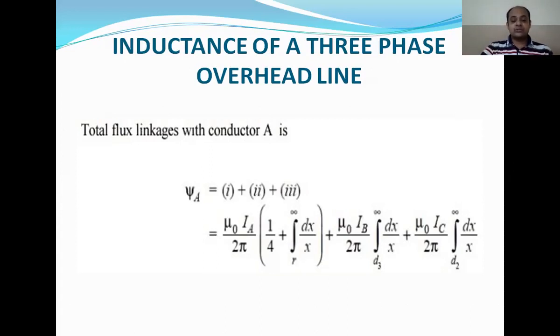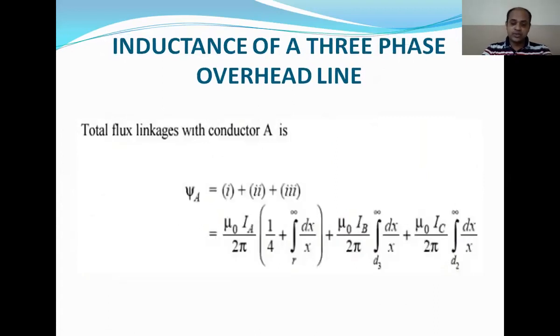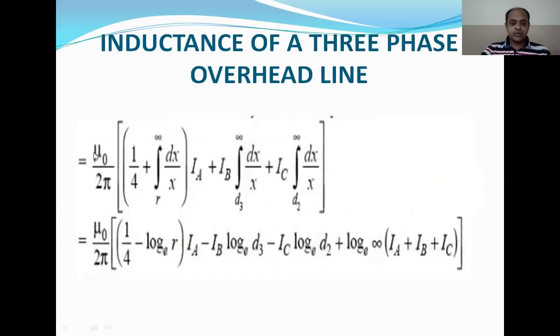In equation 1, it was mu 0 IA by 2 pi into 1 by 4 plus integration r to infinity dx by x. In equation 2, mu 0 IB by 2 pi integration d3 to infinity dx by x, and in equation 3, mu 0 IC by 2 pi into integration d2 to infinity dx by x. This is the summation of all these three separately calculated flux linkages of conductor A. Now, with very simple calculation, mu 0 by 2 pi is common from all the sections.